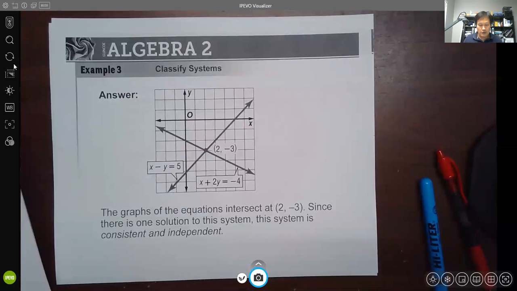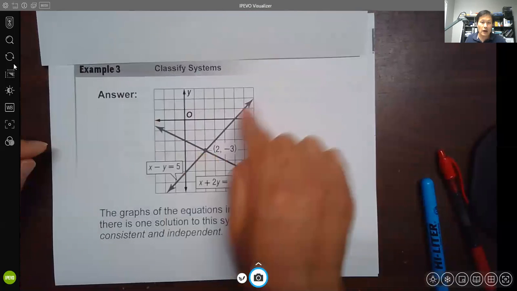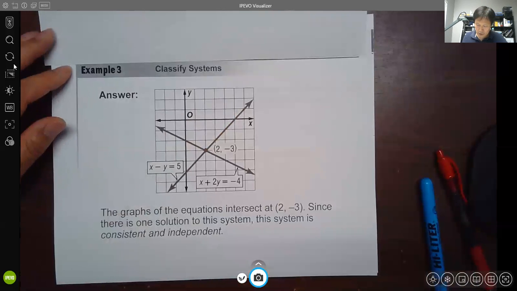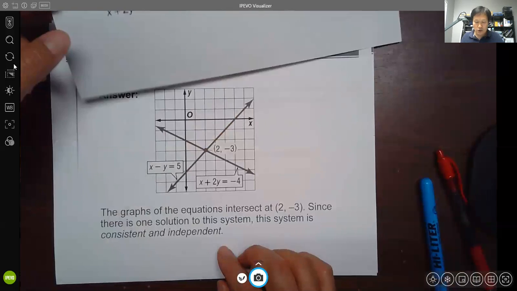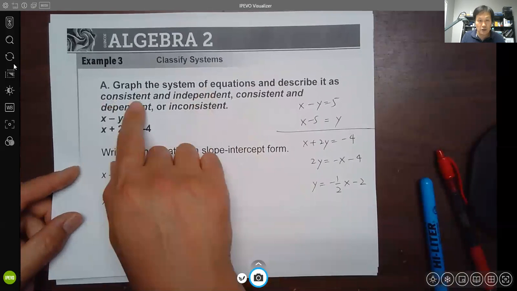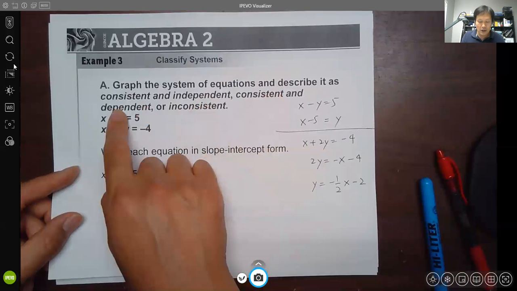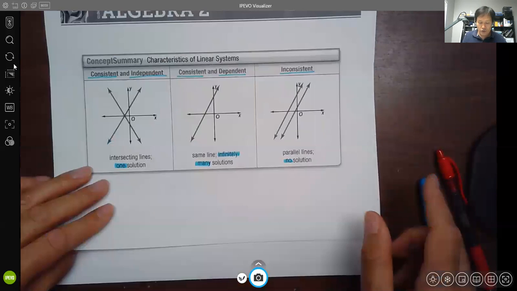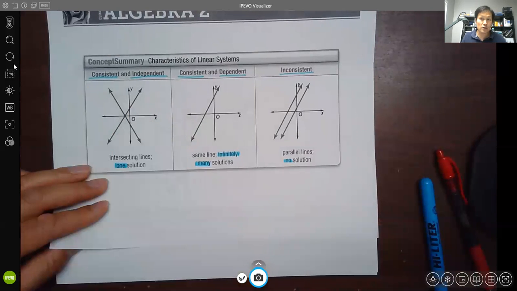So if you graph that, that's the graph. But as we said, they intersect at one point. And here, all we wanted was classification. Is it consistent independent, consistent dependent, or inconsistent? One solution, do you remember? One solution is consistent, independent.